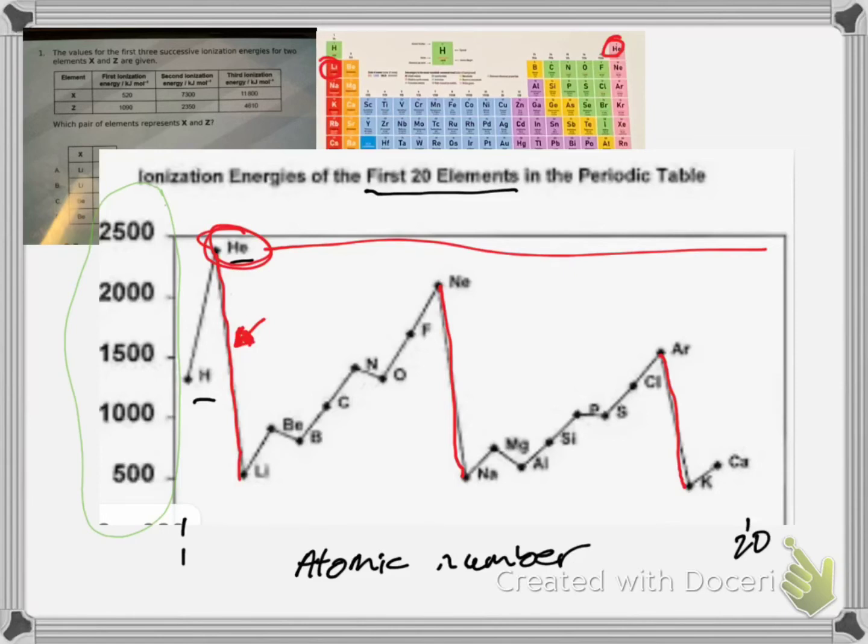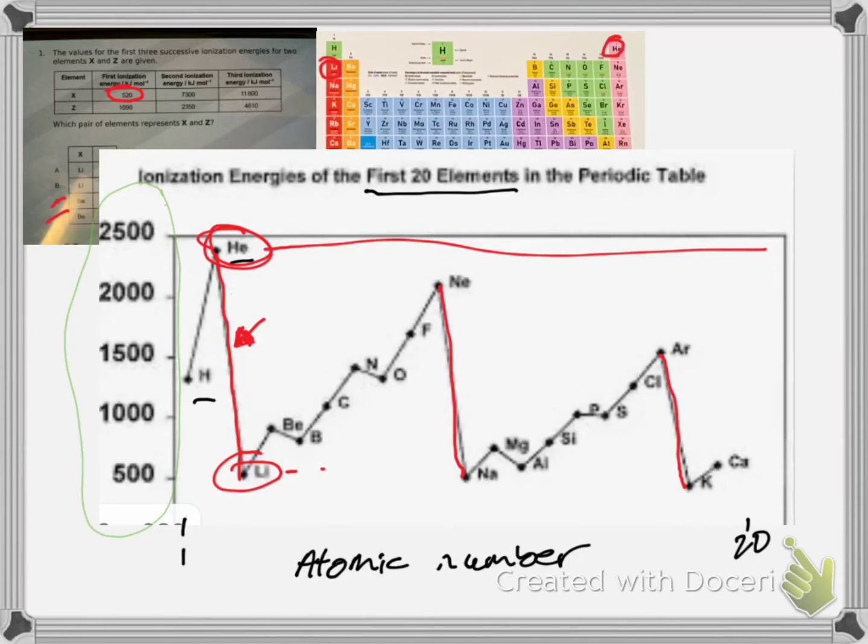But for lithium, the ionization energy value is around 500. This gives us the approximation of 520 in the question. So we could tick off C and D. We are left with A and B.